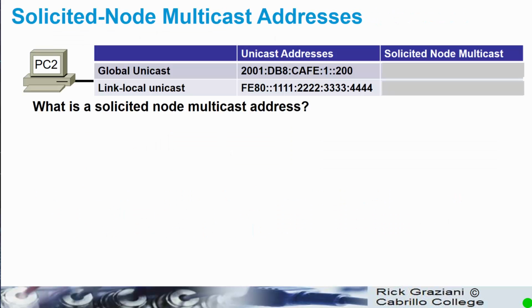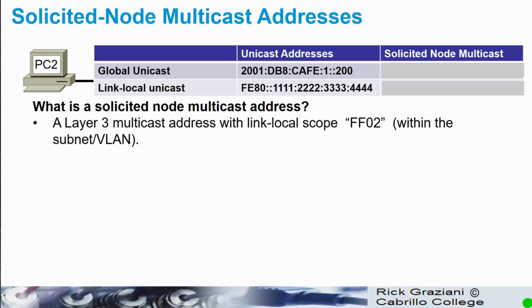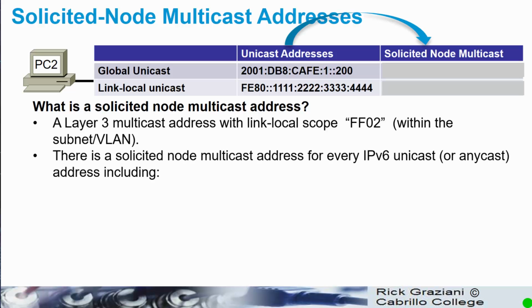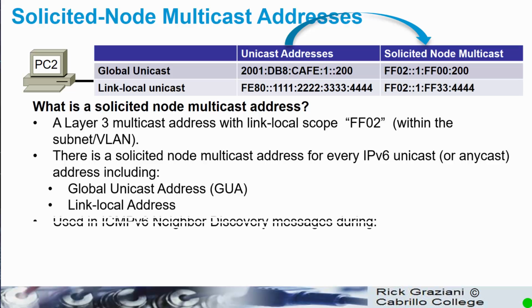So here we have a unicast address. Again, a layer 3 multicast address. It has to begin with FF02. There is a solicited node multicast address for every IPv6 unicast or anycast type address, unicast, link local, and here they go. Basically, they allow us to map our addresses. Normally, the last 24 bits will be the ones that we're mapping.